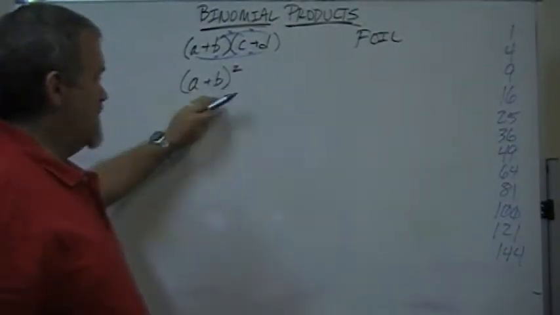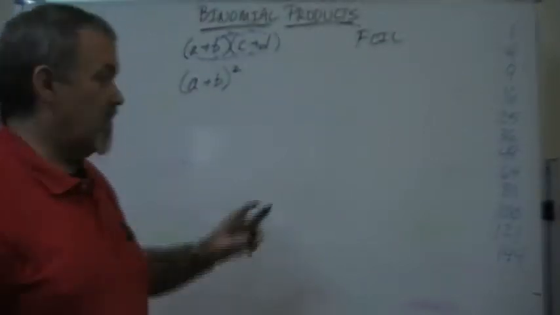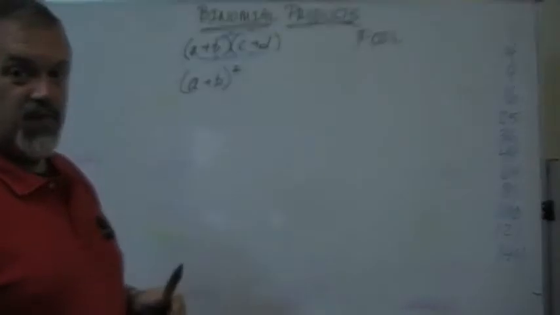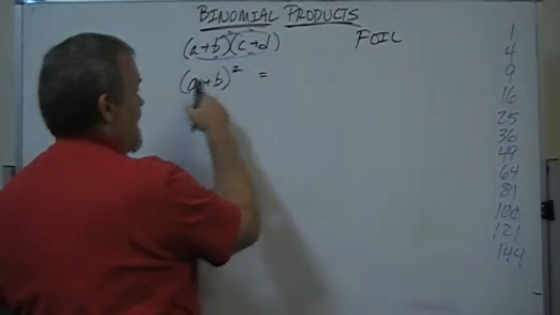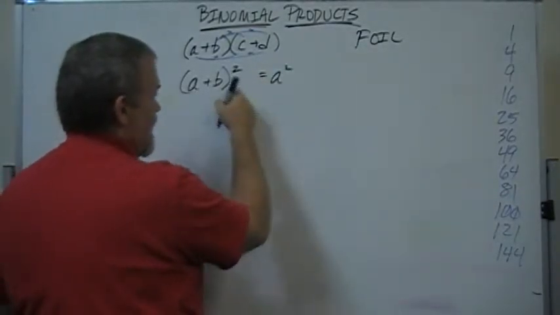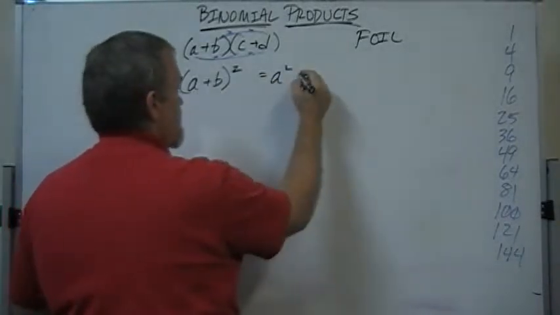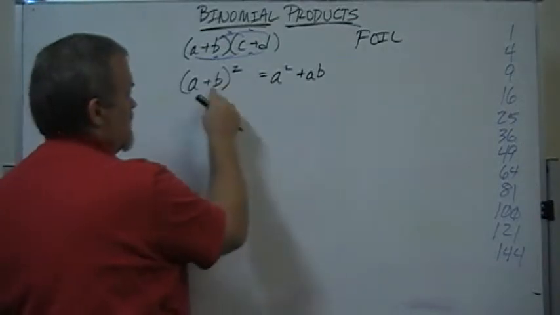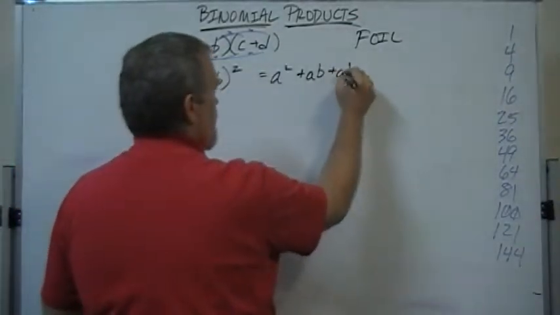Imagine that I've rewritten that. I'm not going to, because I want you to be able to do this in your mind. A plus b times a plus b. If I were to do FOIL with this, then what would I get? A times a, the first two, gives me a squared. The outside two, a times b, gives me ab. And then the inside two gives me b times a, which is also ab.